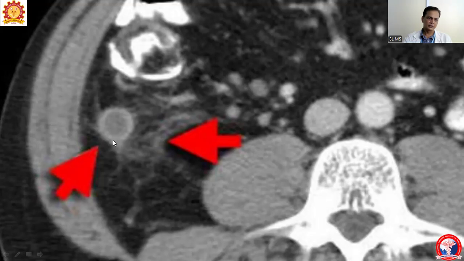One is an enlarged appendix, second is a wall that is thick and showing enhancement, and third, a very important finding, is the periappendicular fat, which appears inflamed. On CT scan, we call this fat stranding, as well as cloudiness of the fat around the appendix.